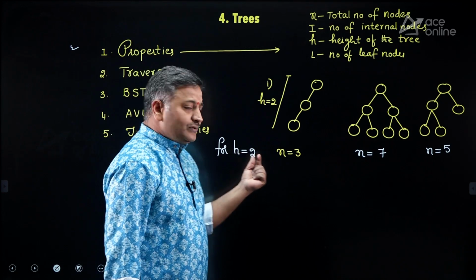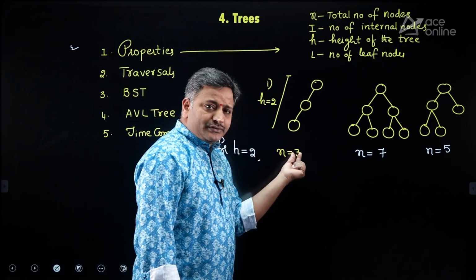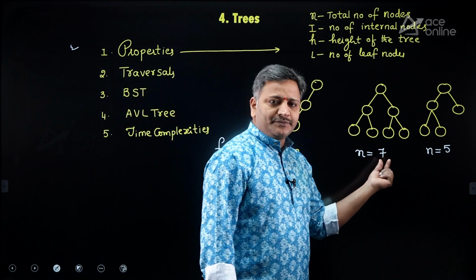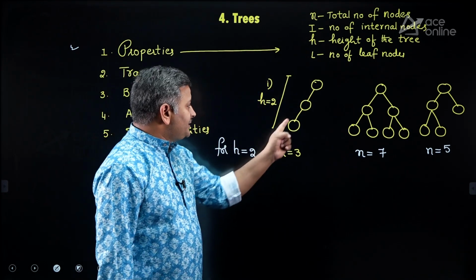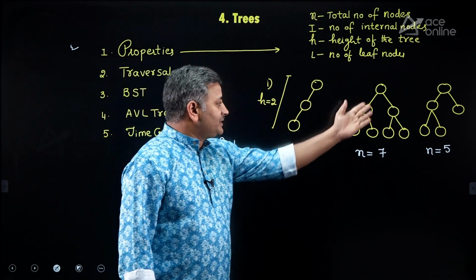So whenever height h is equal to 2, a minimum of 3 nodes and a maximum of 7 nodes are possible, or it may be between minimum and maximum. Minimum is possible if it is a skewed binary tree and maximum is possible if it is a full binary tree.